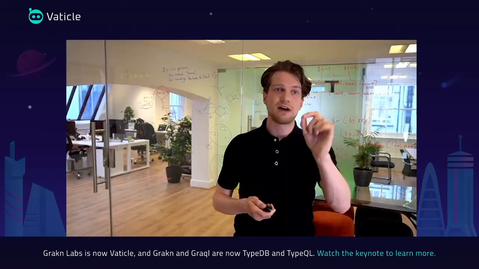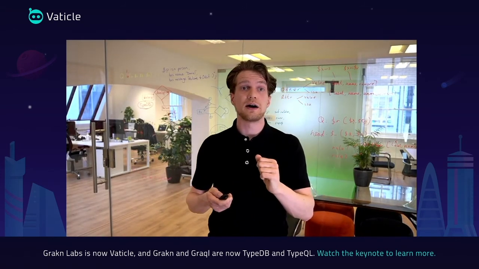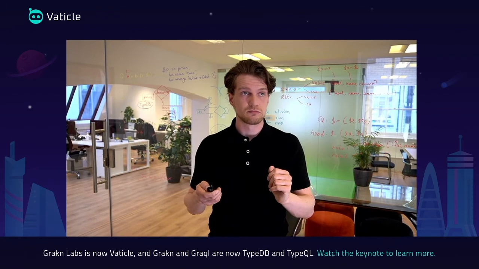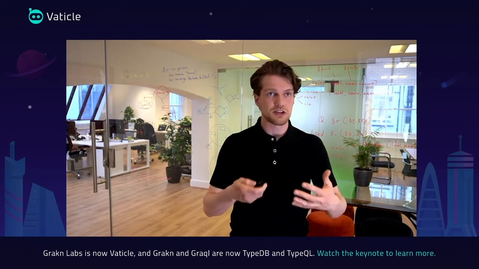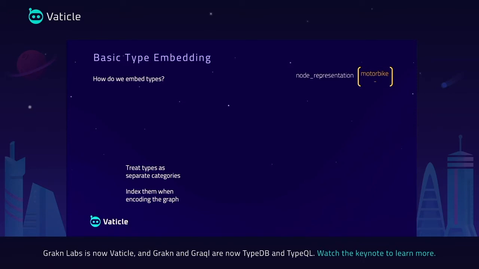There's no value ascribed to that, because that's an entity and not an attribute. Based on this, first of all, I need to know what types are available in the database, because how I'm going to create this embedding space depends on which types we have available.